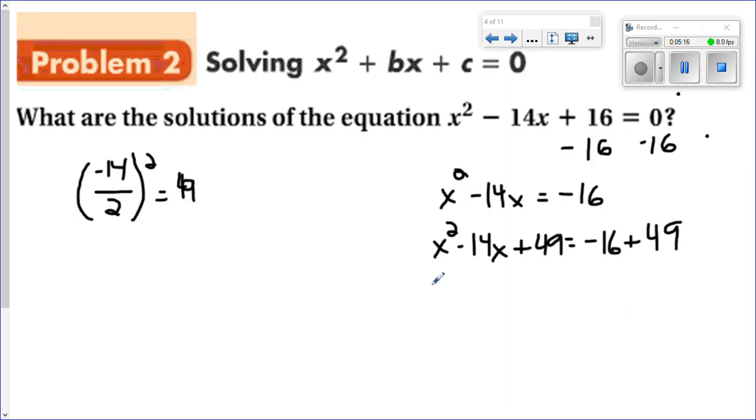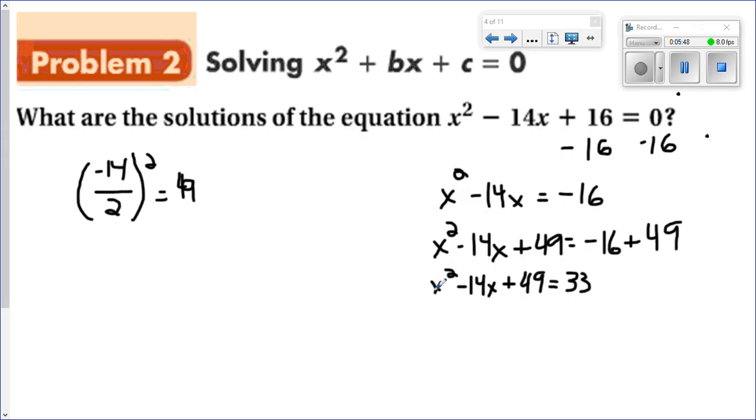Once you have that, you have x squared minus 14x plus 49 equals 33. The whole point of this, so you're going to see why we have been doing this: this is a perfect square, and if you identify it right, this is a squared and this is b squared.